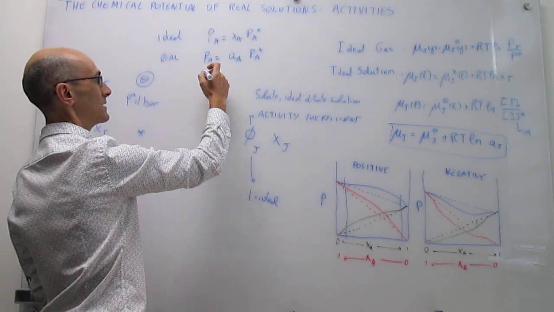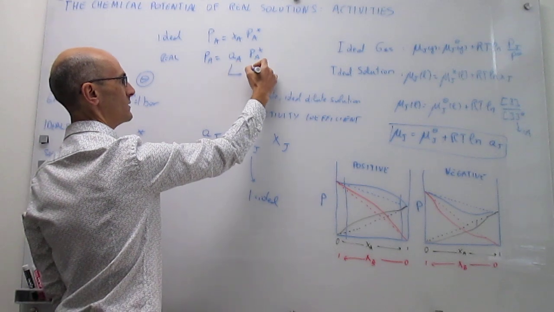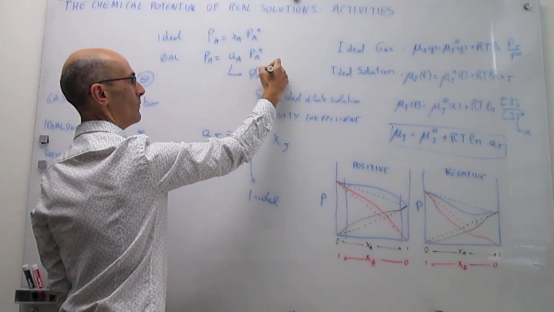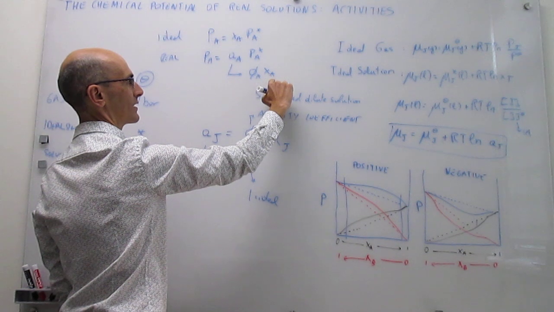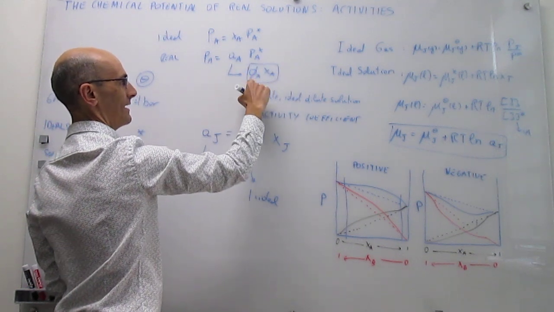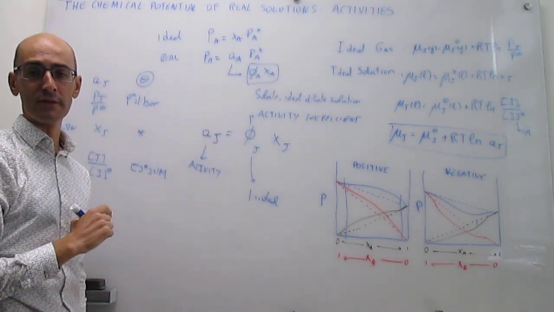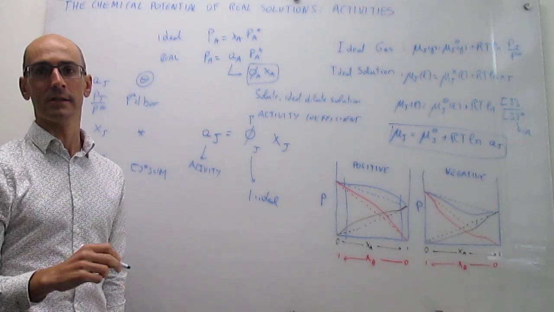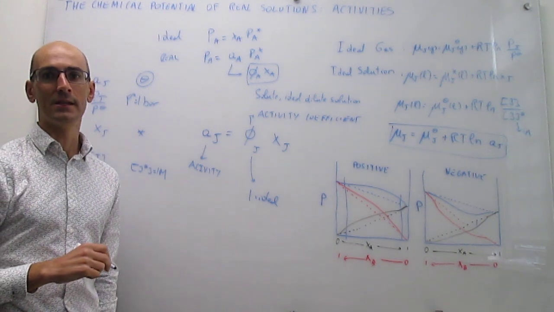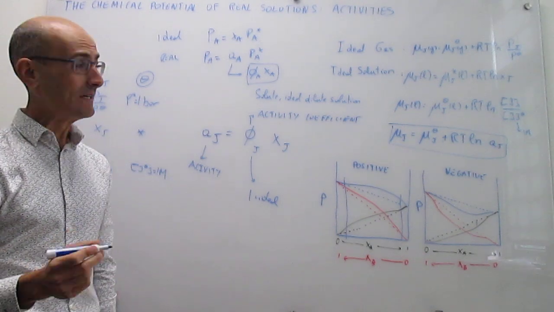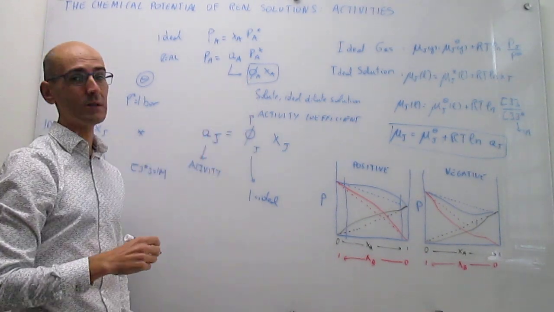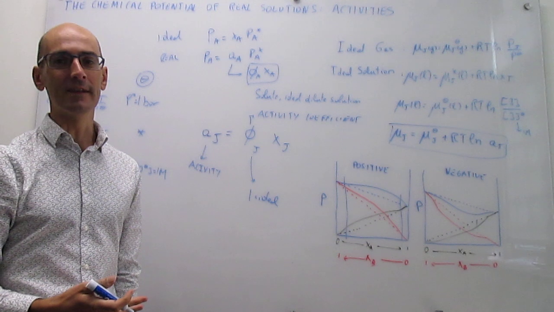The only difference is that this activity now is going to be your activity coefficient of A multiplied by that mole fraction. So notice that any deviation of this activity coefficient from 1 will signal that you're not in the ideal case, that you might be in the real case. But if this activity coefficient happens to be 1, then you actually are in the ideal case, right?